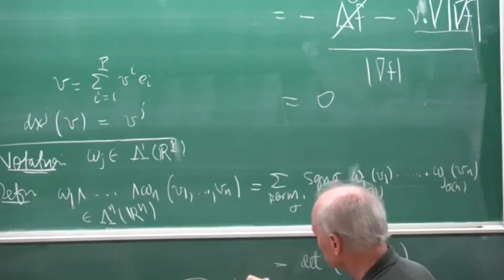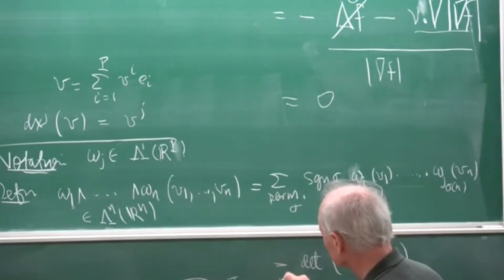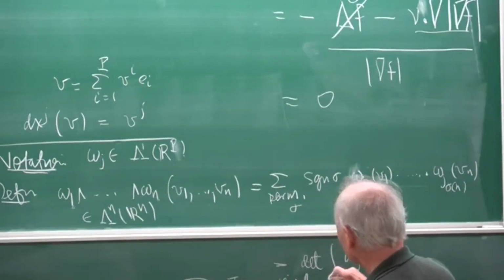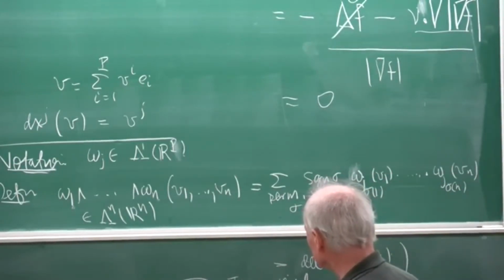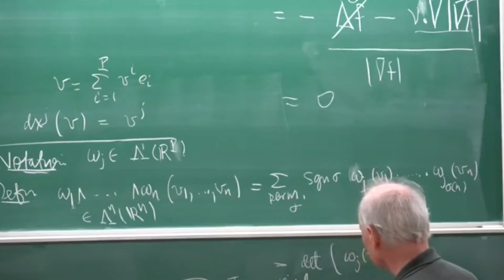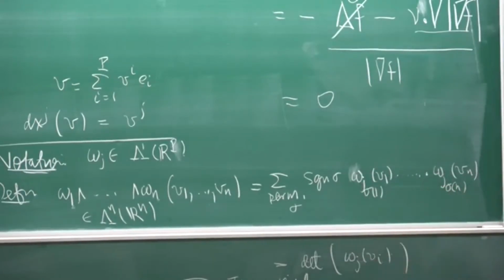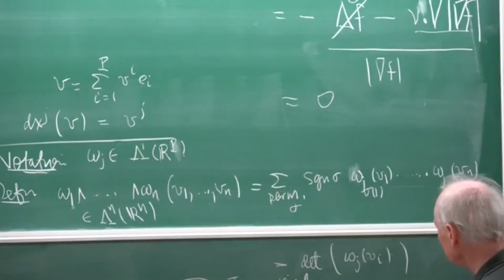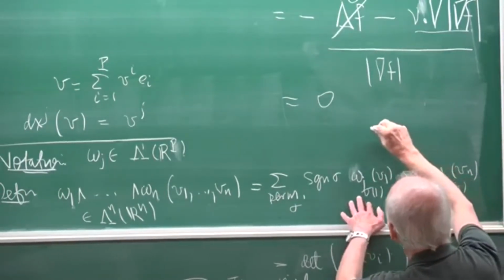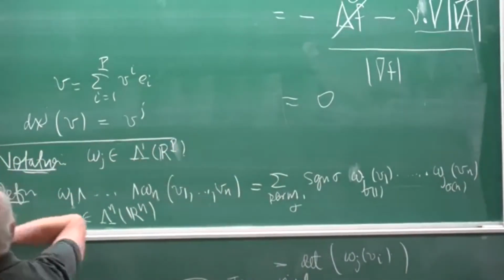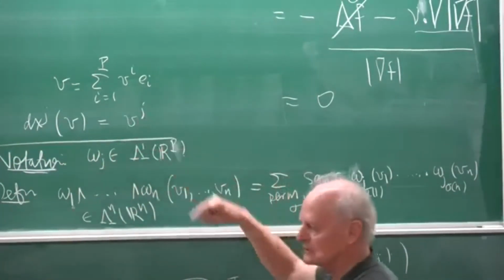But in particular, if we take dx_j1 wedge up to dx_jn, which is just a special case of this, then this looks like the sum over permutations σ of the sign of σ, then dx_j hitting v is just vj.